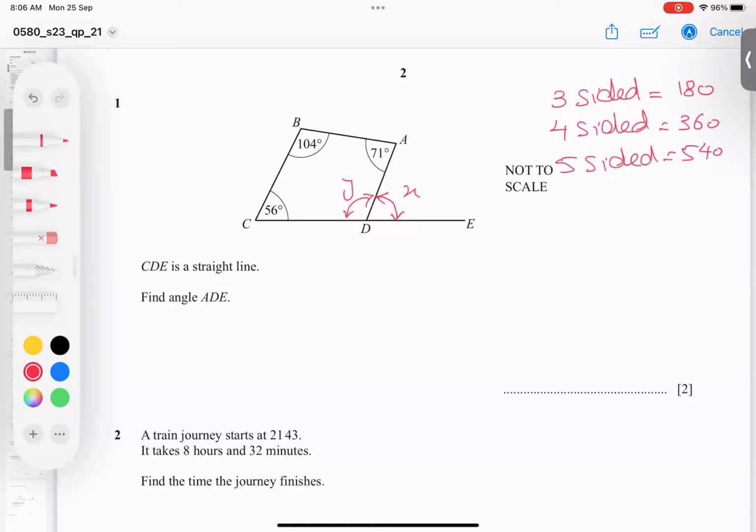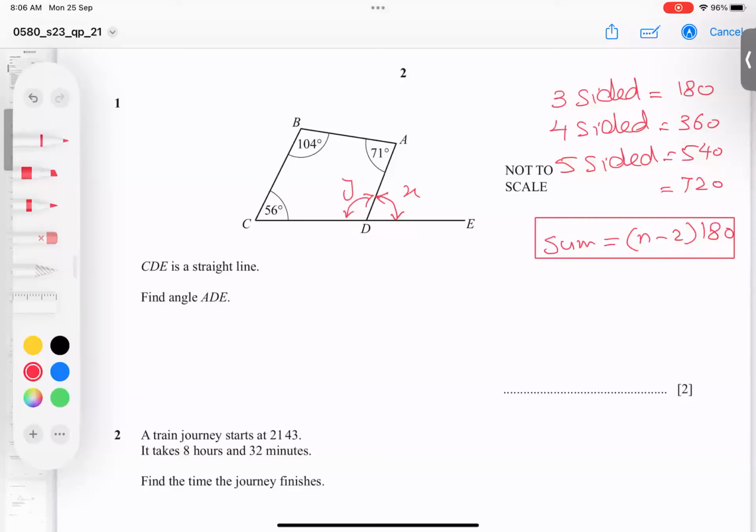I think this idea is clear. And six-side is 720. So anyway, in formula, if you want to know the sum of the interior angles in any shape, n minus 2 times 180. For example, if I plug in 5 in this place, 5 minus 2 is 3, 3 times 180 gives you 540. So this is a formula we have.